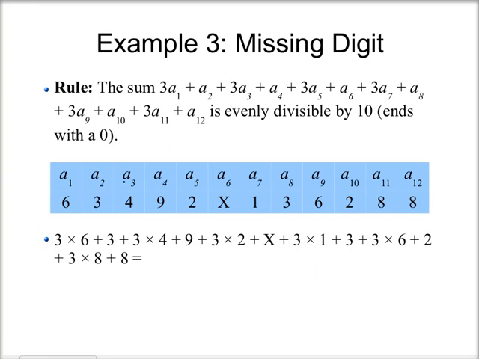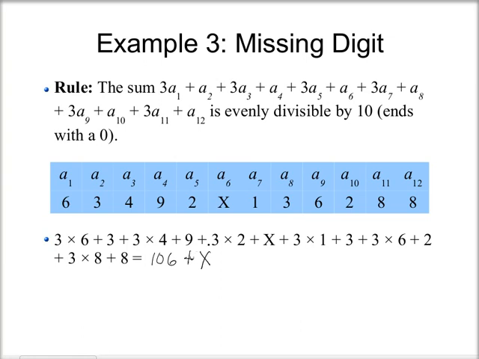So then I'm going to plug all of those numbers into my rule and get this sum. 3 times 6 plus 3 plus 3 times 4 plus 9 plus 3 times 2 plus X, whatever my mystery digit is, plus 3 times 1 plus 3 plus 3 times 6 plus 2 plus 3 times 8 plus 8. So if I add all of the numbers except for X, I'm going to get 106, and then I've also got my scratched off digit X that I need to add in there.